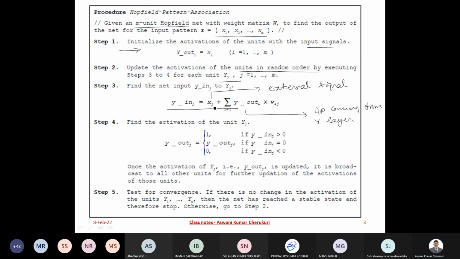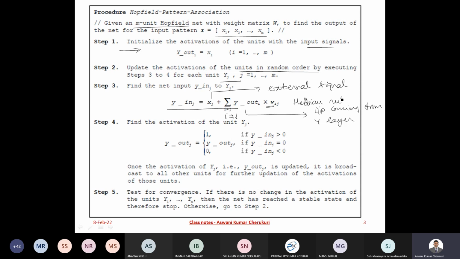So the jth unit is receiving the external signal from the jth node, and for i not equal to j, you are taking the remaining nodes' outputs and their corresponding weights. So typically this is a kind of Hebbian rule.